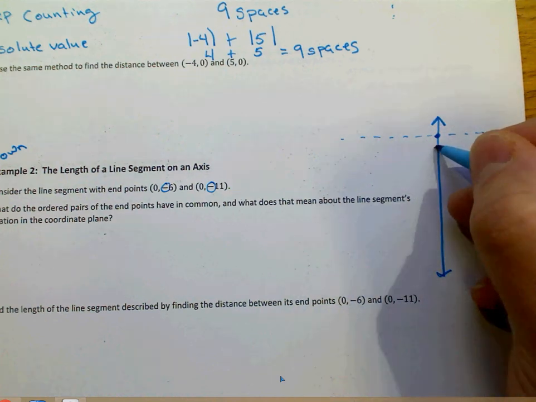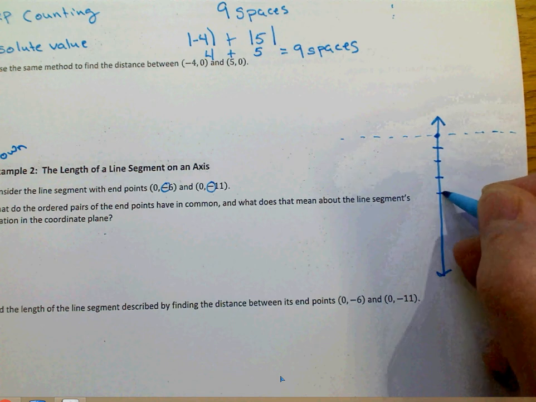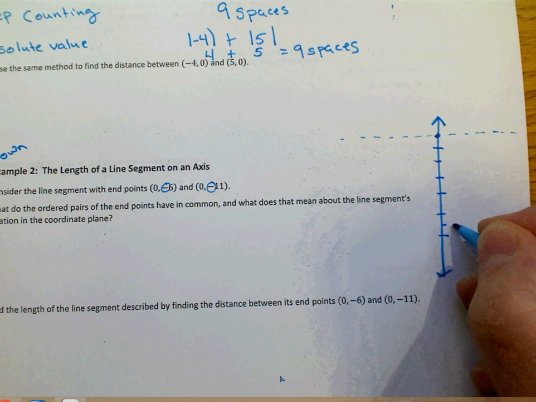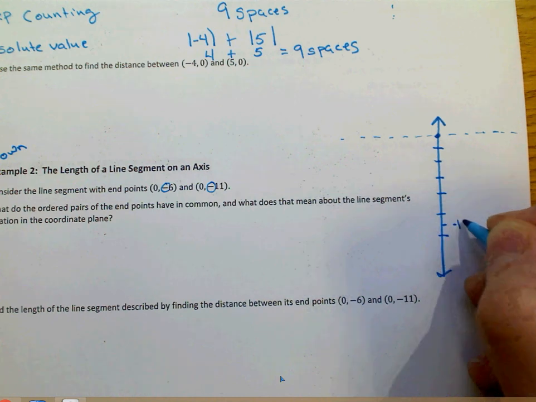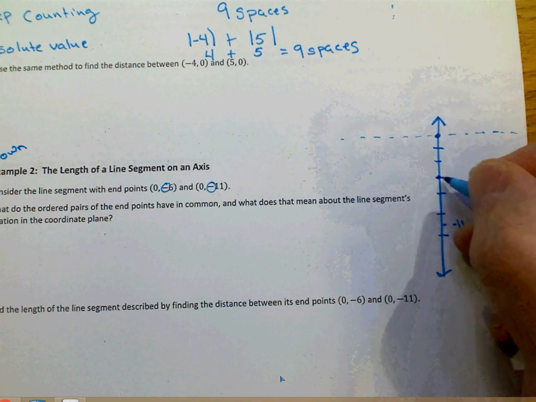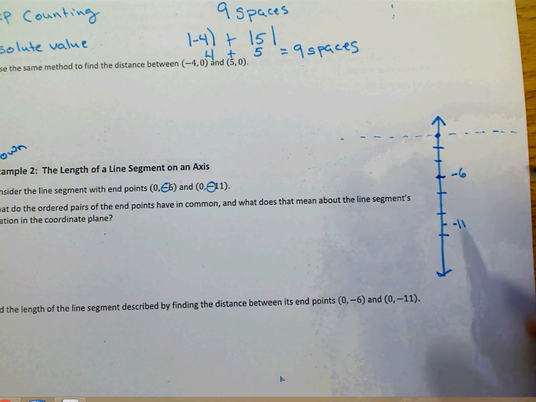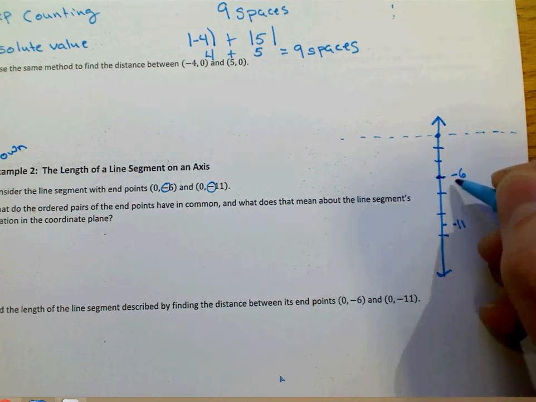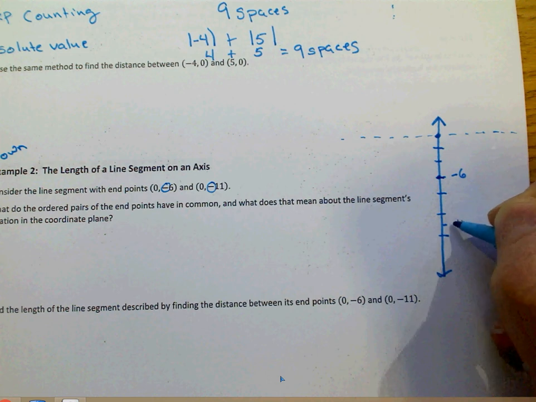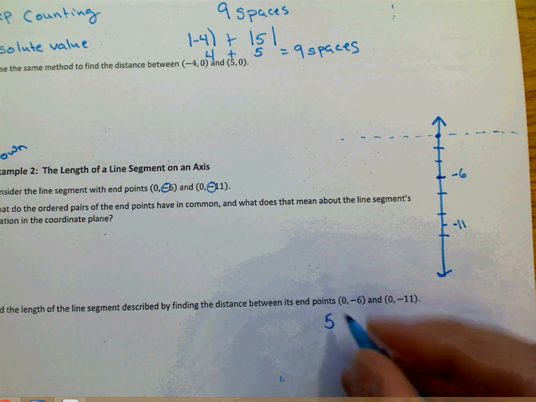I'm going to go by 2s again. -2, -4, -6, -8, -10, -12. So right here is -11. Right here is -6. The distance between them, -6 to -8, that's 2 spaces, 4 spaces, 5 spaces. That's by skip counting.